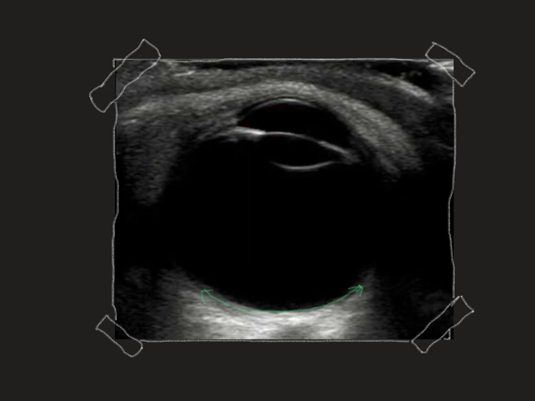And lastly, retrobulbar area. This area would include optic nerve, extraocular muscles and bony orbit. The optic nerve is visible posteriorly as a hypoechoic linear region radiating away from the globe. You can use Doppler to assess the central retinal artery.